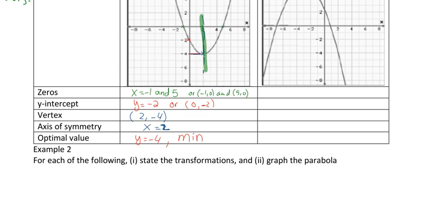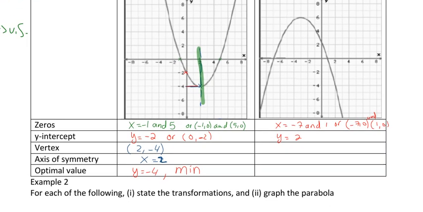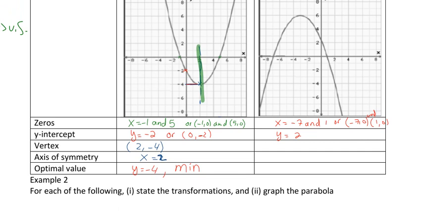So I will write it down so you can check your work while you're doing this. Okay, this is what you should have.